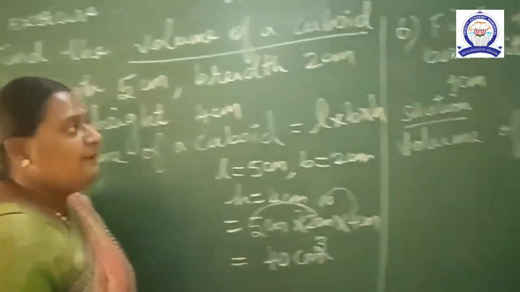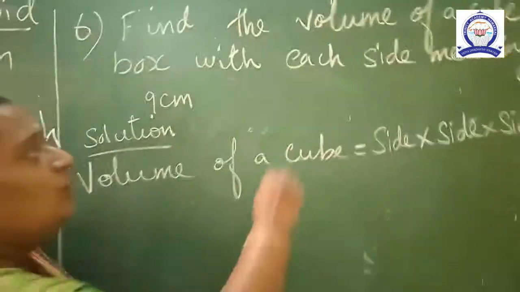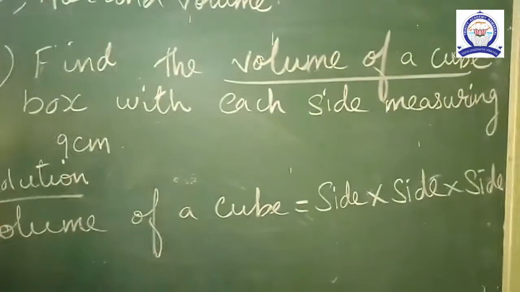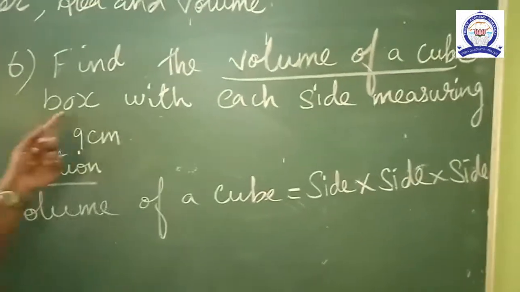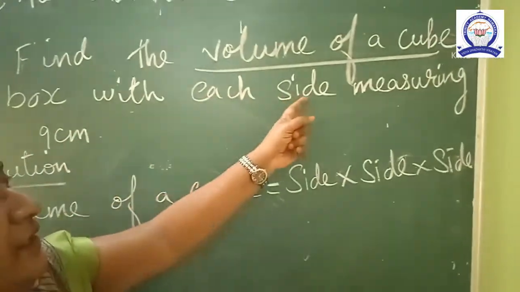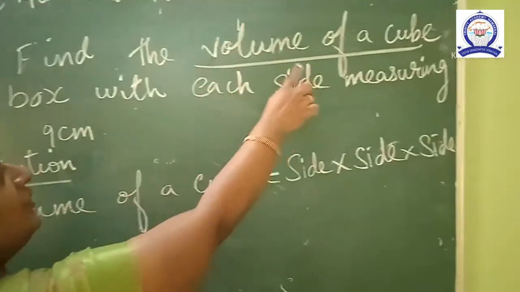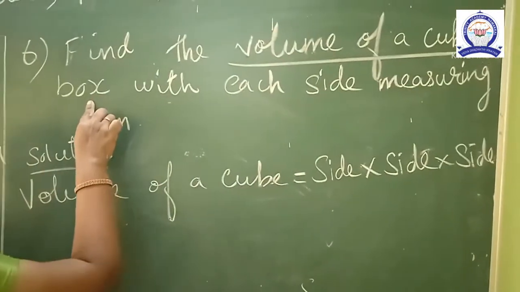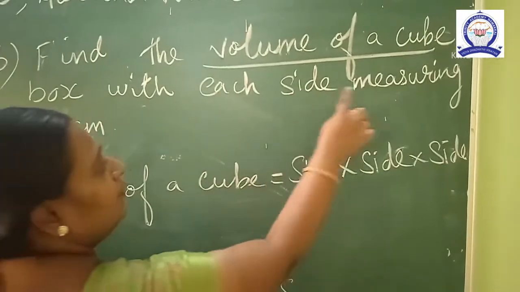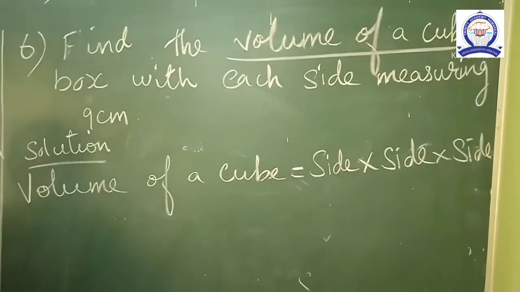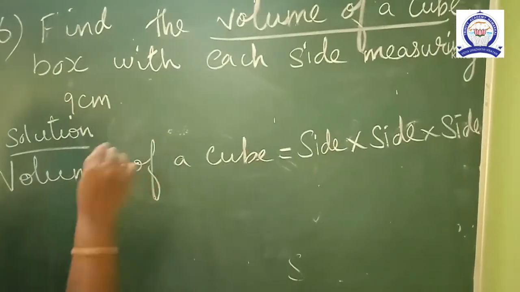Let us see the sixth sum. Find the volume of a cube box with each side measuring 9 centimeter. So you have to know the volume of a cube.